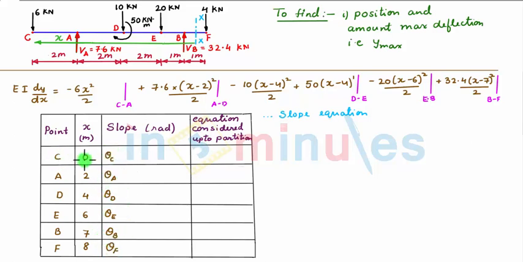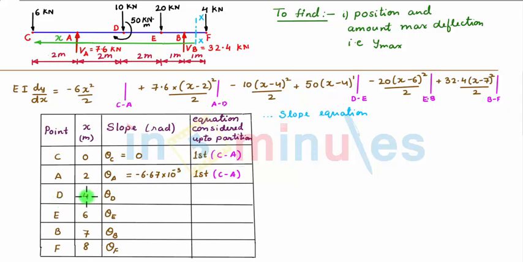Now first consider point C, which is at a distance 0 from your origin C. Now considering the equation up to first partition, which is valid between point C and A, we get the value of slope theta C equal to 0. Now putting the value of x equal to 2 meters in this slope equation and considering the equation again up to first partition, which is valid between point C and A, we get this theta A equal to minus 6.67 into 10 to the power minus 3 radians.